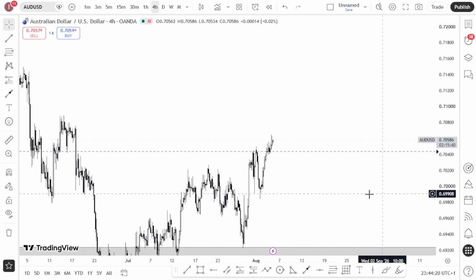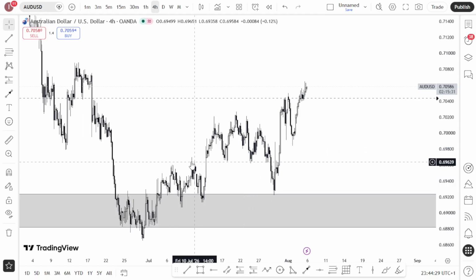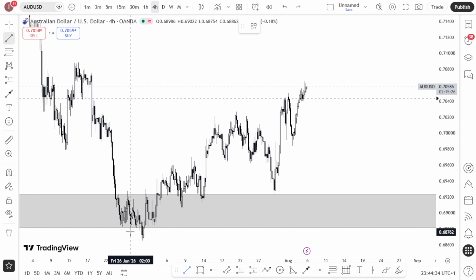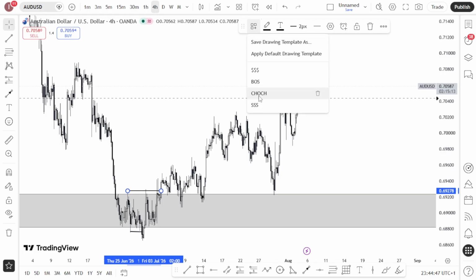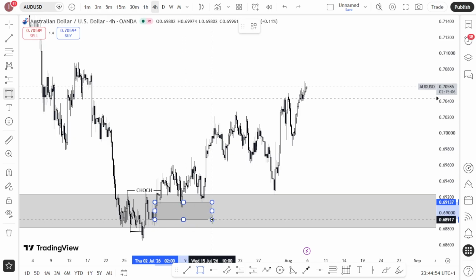So on the 4-hour time frame, I identify the current market structure. So reading from here, after the market has tapped in here, swept this liquidity, caused a change of character here, then price came back and tapped into this origin twice.